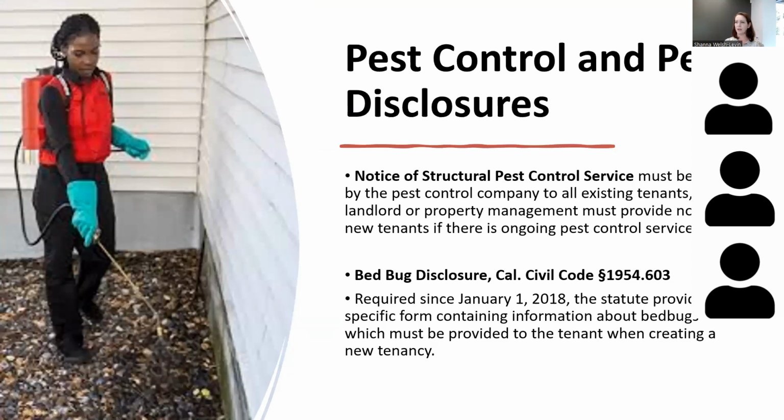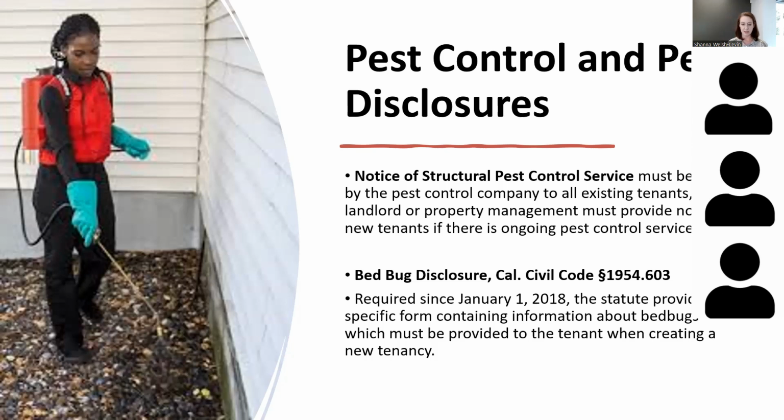Pest control and pest disclosures are oftentimes required. So a pest control company has to disclose to the tenants what they are using. Let me give you the specific information that's required. Structural pest control companies are required to give a prescribed written notice to property owners and tenants.